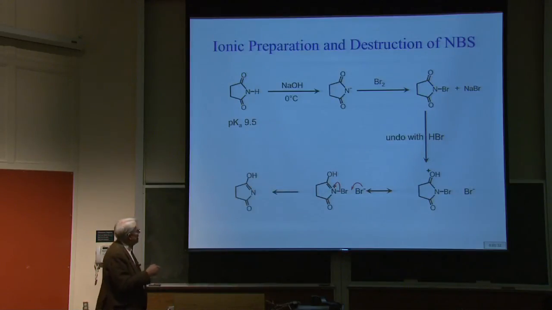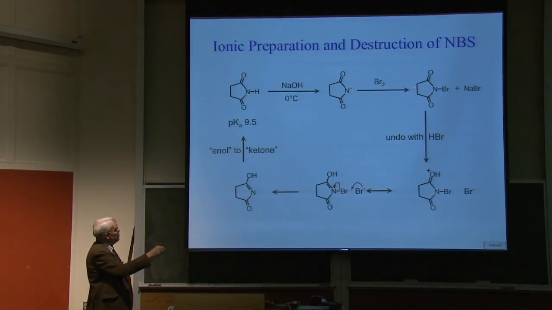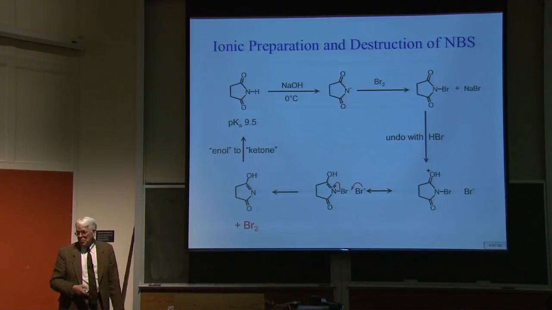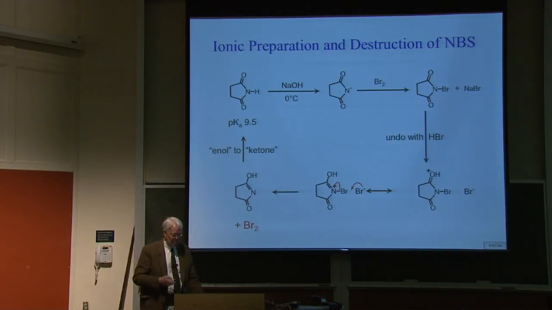So you generate this, now neutral, which is an enol that easily isomerizes back to the starting material. So in base, you can make this with bromine, and if you add HBr, you come back. And of course, you also get Br2, that was what was formed here. So you can get the Br2 back again if you want to from NBS.